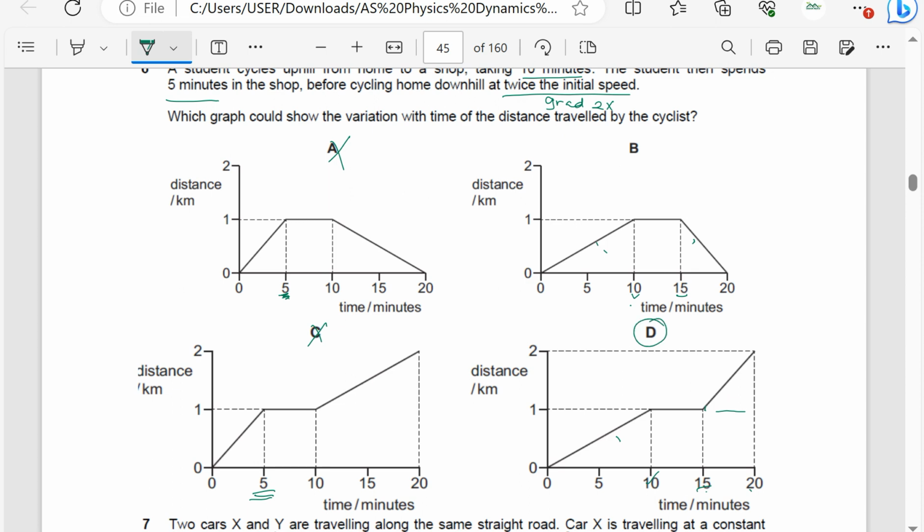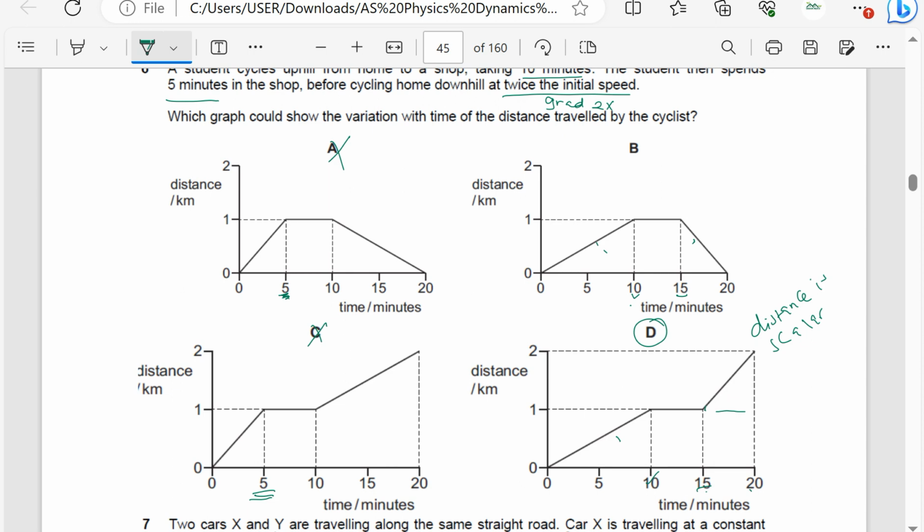So the answer here is going to be D. Why not B? Distance is a scalar quantity, so it just continues adding up. If you take B, you have considered distance as a vector quantity, so the answer is going to be D because distance is scalar. When you add up scalar quantities, the magnitude becomes bigger.